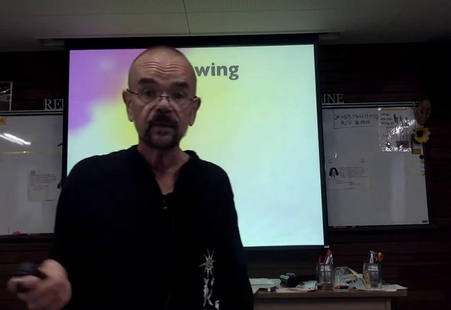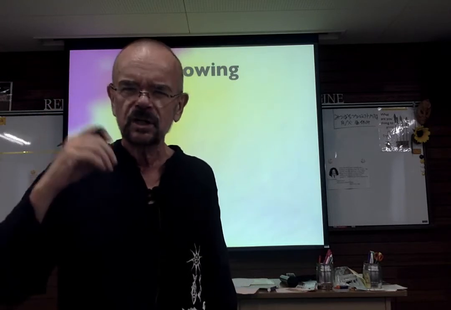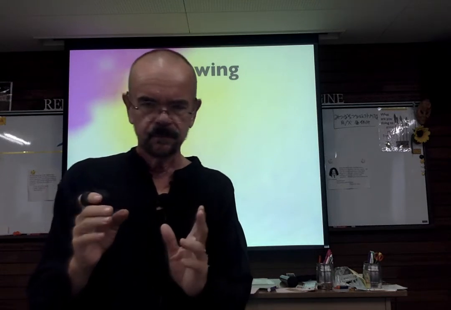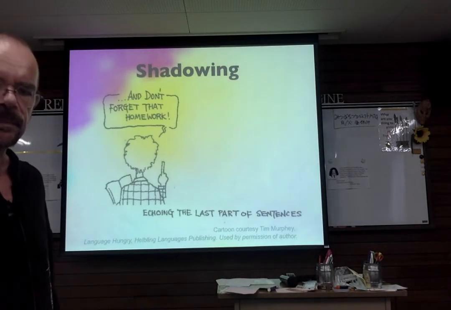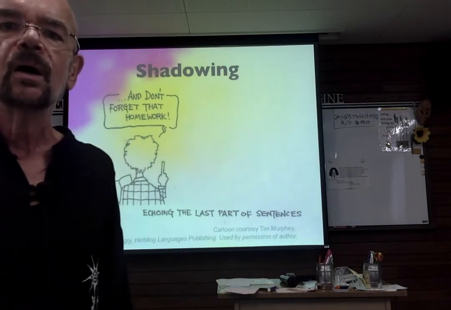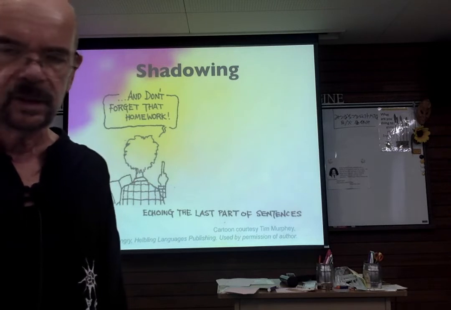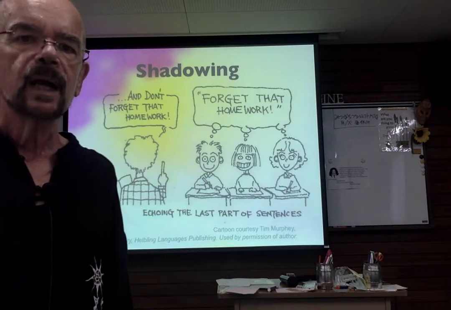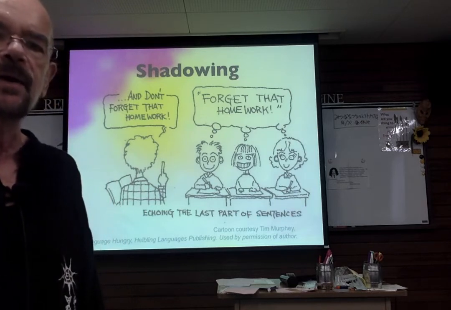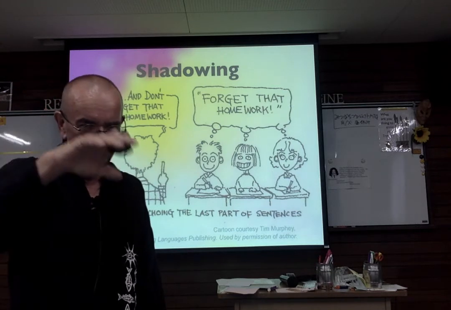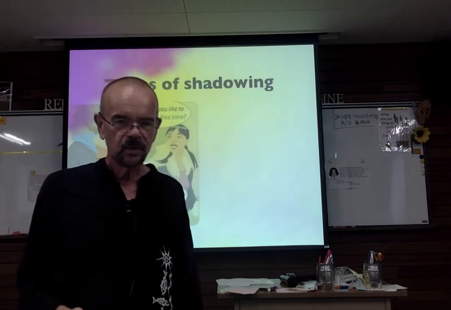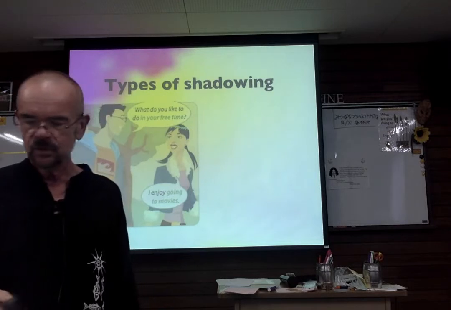You can say everything, or sometimes I tell my students, "Listen, just repeat the last part." Okay? Which is very common in real life. So here the teacher is saying, "Okay, and don't forget that homework." And the students say, "Forget that homework." Okay, that's just a joke, but that's the point. You don't have to repeat everything. So, types of shadowing.